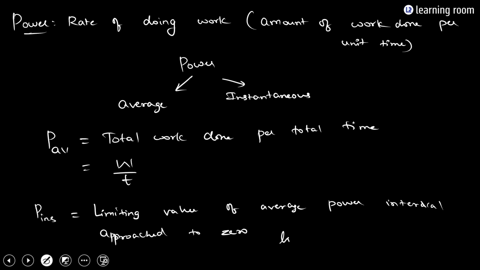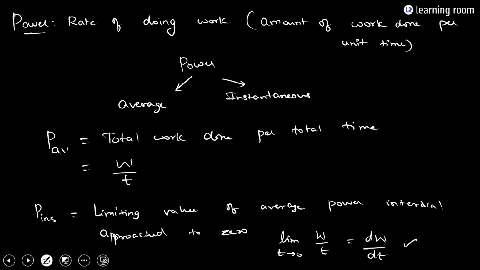Meaning, if I write limit t tends to 0, W divided by t, then this is written as dW divided by dt. So whenever you have an instantaneous value, you'll always have a differential coefficient, right? So it is dW by dt. If I have to put it in the simplest possible form, we'll say instantaneous power is the power at the particular instant. That's it.